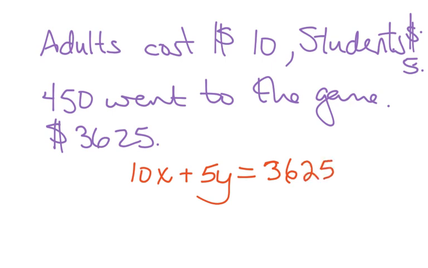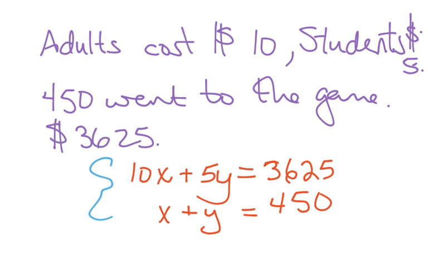So if there's 20 adults, it's 10 times 20, that's $200. And then the hidden one is that x plus y, if you add those together, it's 450. And so the big thing here is that we can go ahead and just RREF this thing, and unless I've screwed up, it's 275, it's 175 on that. All right, good luck.